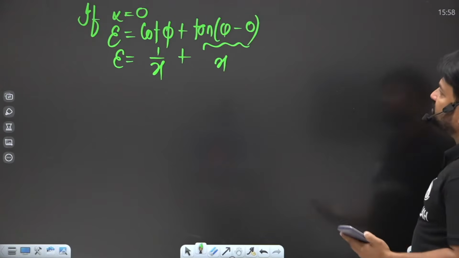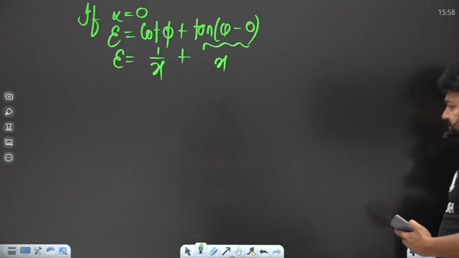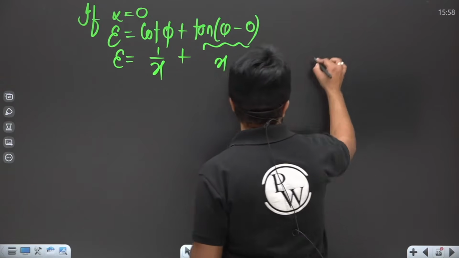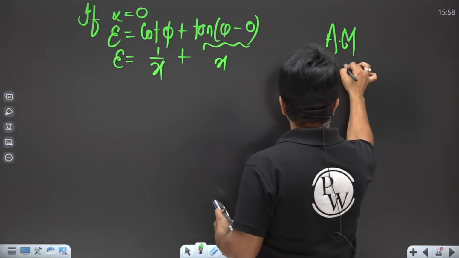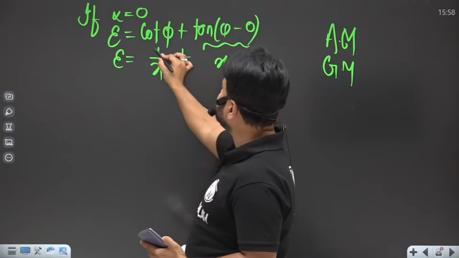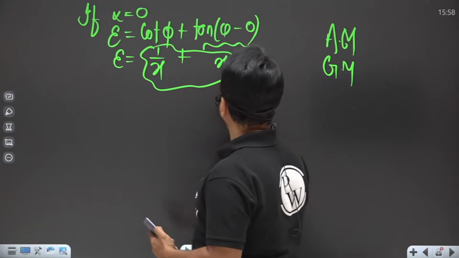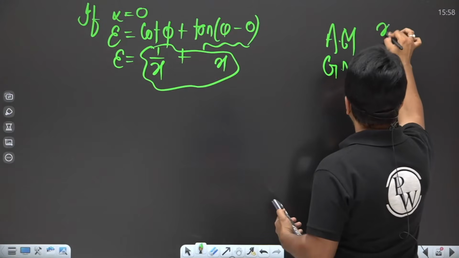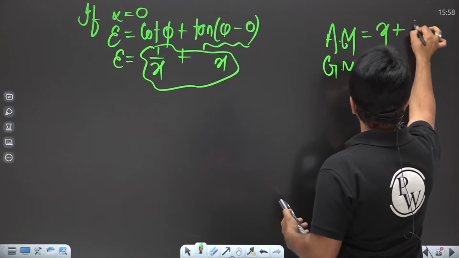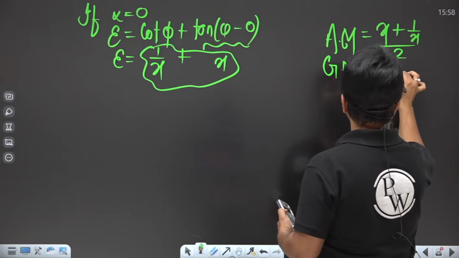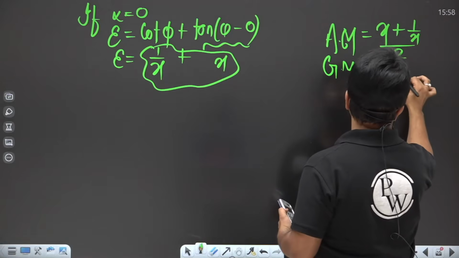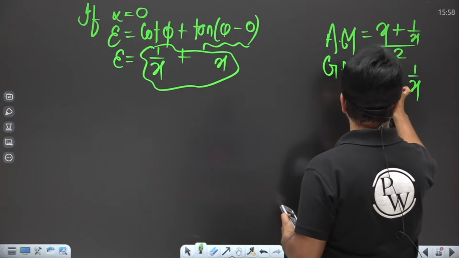My dear, I will use one simple relation, the arithmetic mean and geometric mean. The arithmetic mean of this is x plus 1 by x divided by 2, and the geometric mean is the square root of x into 1 by x.